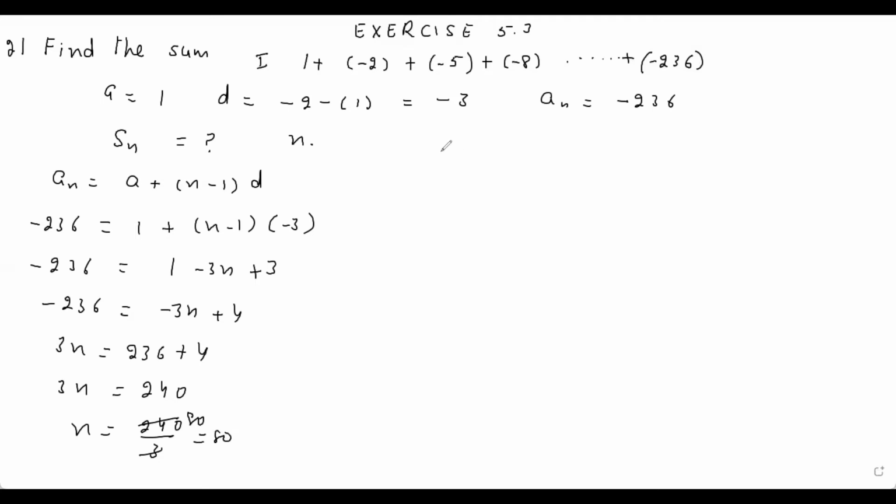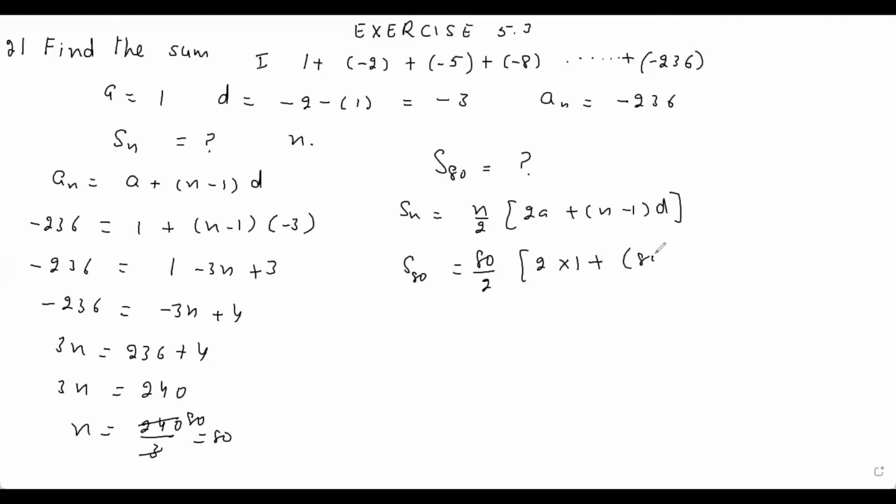It means I am to find the sum of 80 terms, S80. Now Sn is equal to n by 2, 2a plus n minus 1 d. This is the formula for Sn. So S80 is 80 by 2, 2 into 1 plus 80 minus 1, and d is minus 3.